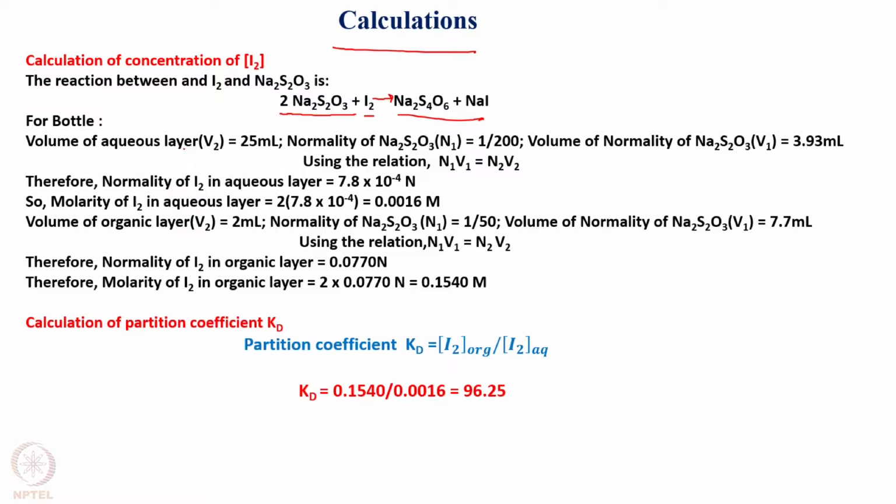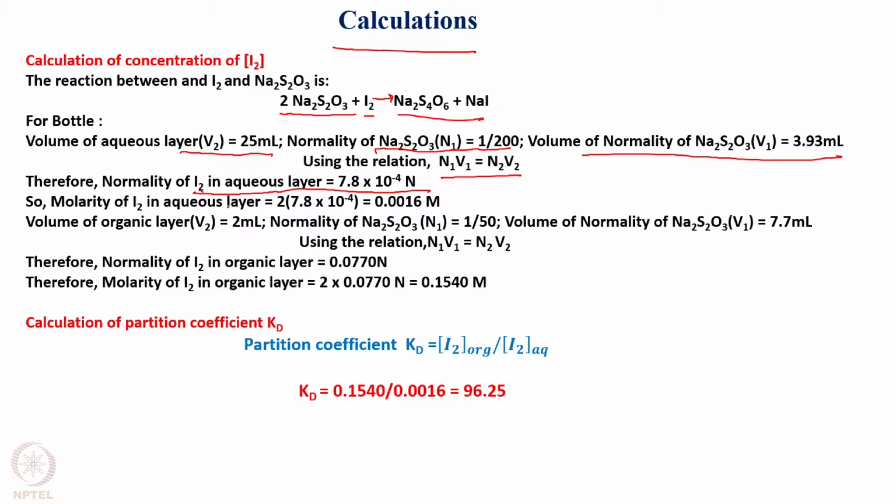The volume of aqueous layer which we took was 25 ml, and the normality of sodium thiosulfate solution was N/200, and the volume which was consumed was 3.93 ml. So, using the normality equation, which is given by N1V1 equal to N2V2, the normality of iodine in the aqueous layer is obtained as 7.8 into 10 to the power minus 4 normals.